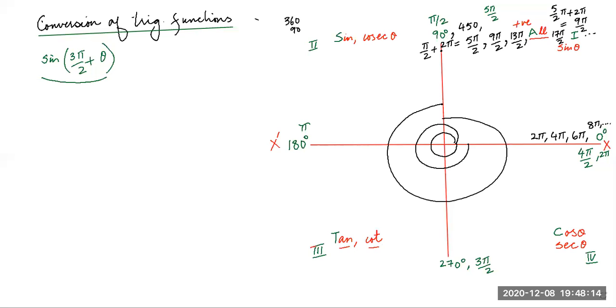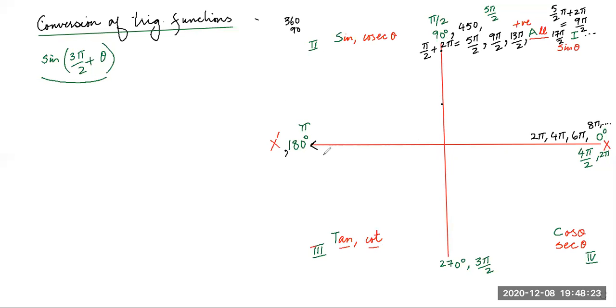Now students, I want to ask you, what are the angles here on the negative x-axis? Pi, and after pi, add 2 pi, so it will be 3 pi.